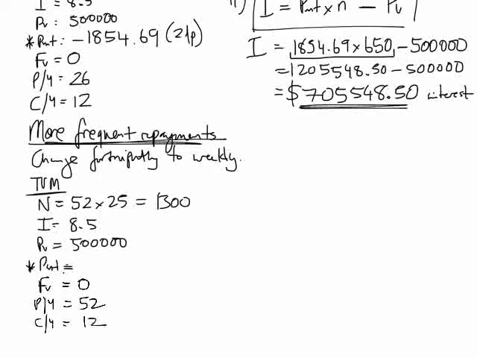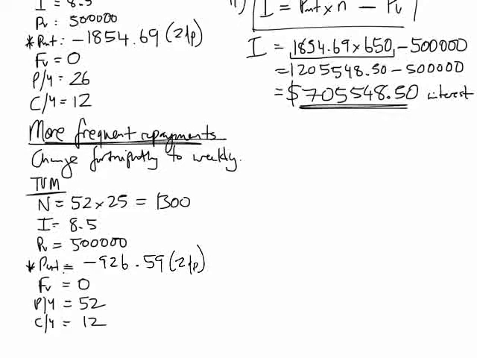Okay, so when I solve for PMT, after I change PY to 52, but make sure that CY stays at 12, you should get a weekly repayment of $926.59 to 2 decimal points.